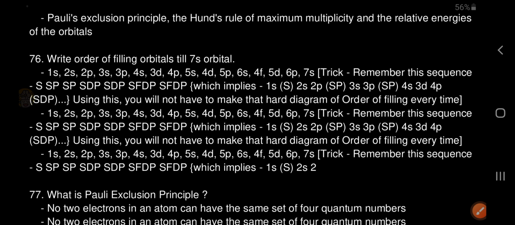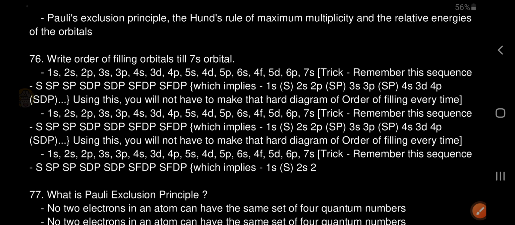1s, 2s, 2p, 3s, 3p, 4s, 3d, 4p, 5s, 4d, 5p, 6s, 4f, 5d, 6p, 7s. Trick: remember the sequence s, sp, sp, sdp, sdp, sfdp, sfdp, which implies 1s, 2s, 2p, 3s, 3p, 4s, 3d, 4p, and so on.